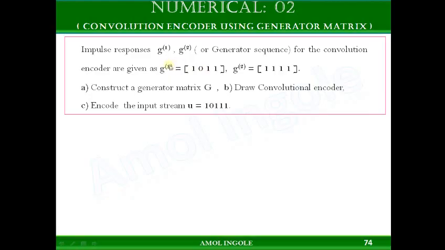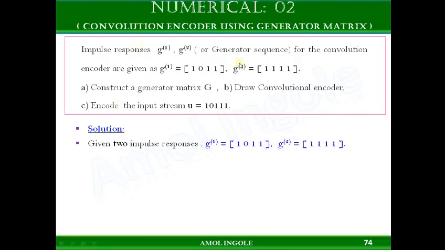This is the generator sequence G1, and the generator sequence G2 is 1111. You're supposed to construct a generator matrix G, draw the convolution encoder, and encode the input stream U. Here the input bit stream is given as 10111. Let us solve this.